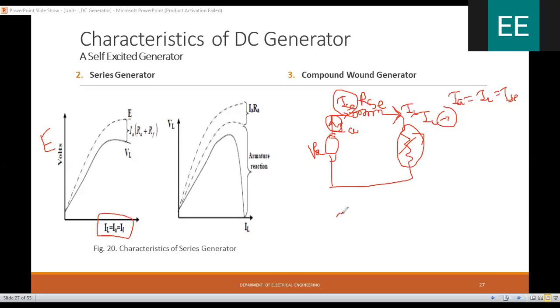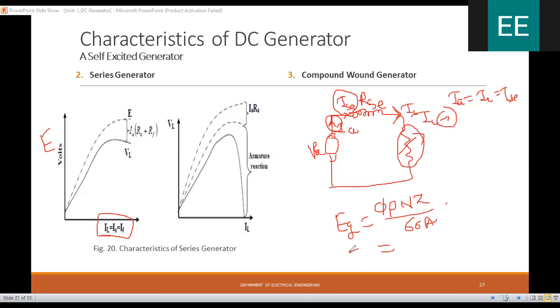So see, according to the equation EG equals phi P N Z divided by 60A. If the number of poles of the machine is constant, the number of conductors is constant, the number of parallel paths is constant, and the speed of the machine is kept constant, Generator च speed काय करतोय, constant कर.